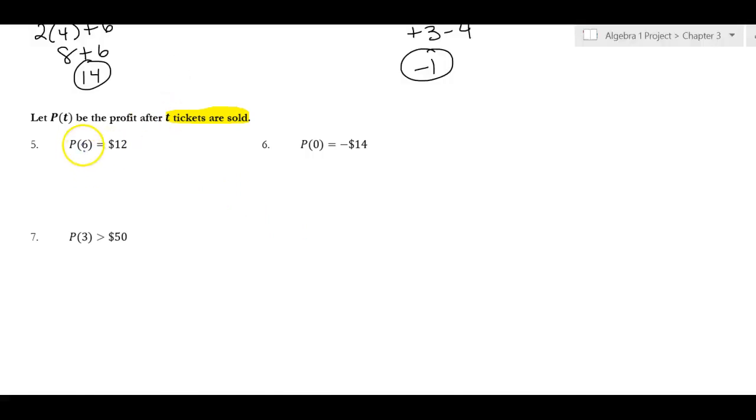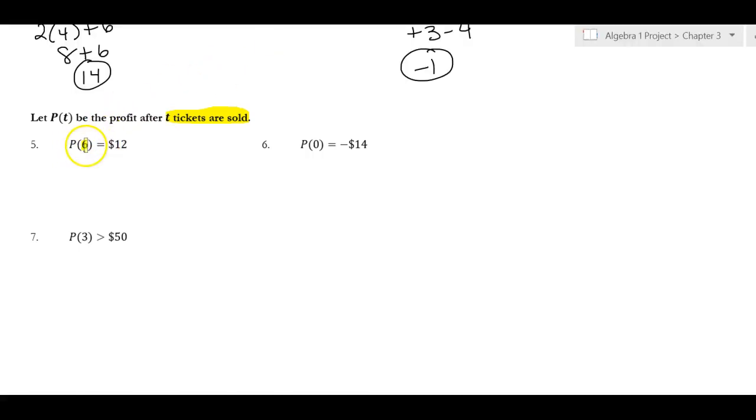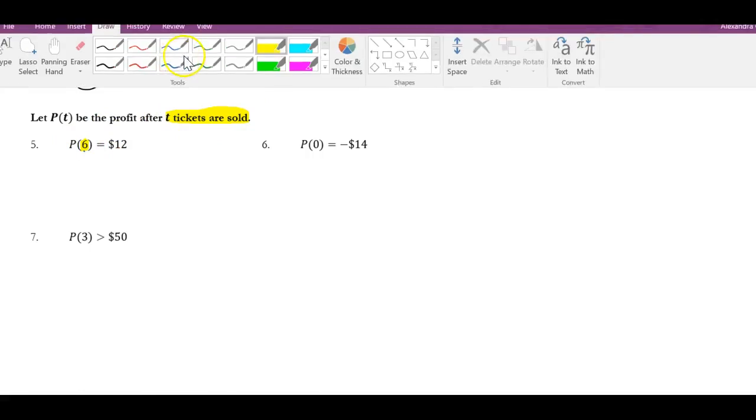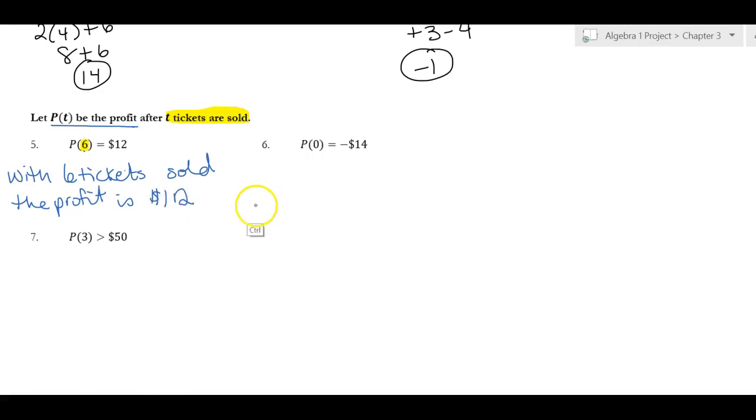Okay, so this one, I'm going to continue highlighting because that's what we did above and that worked. So this is 6, and that's tickets sold. So with 6 tickets sold, and that's profit, the profit is $12.